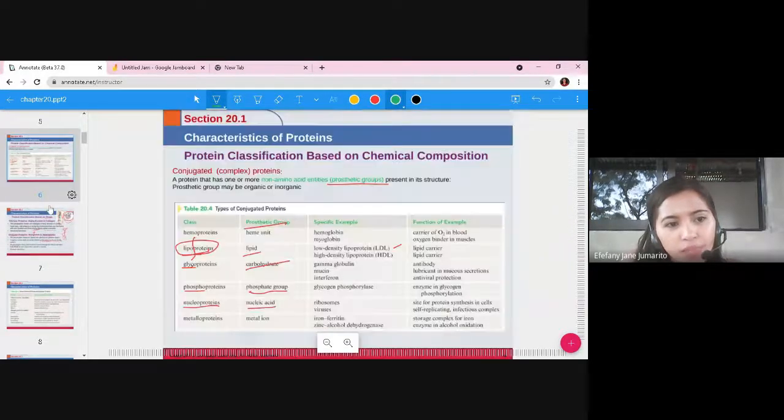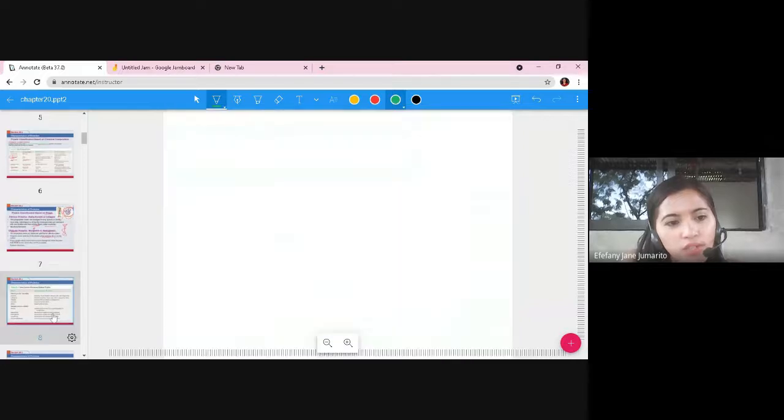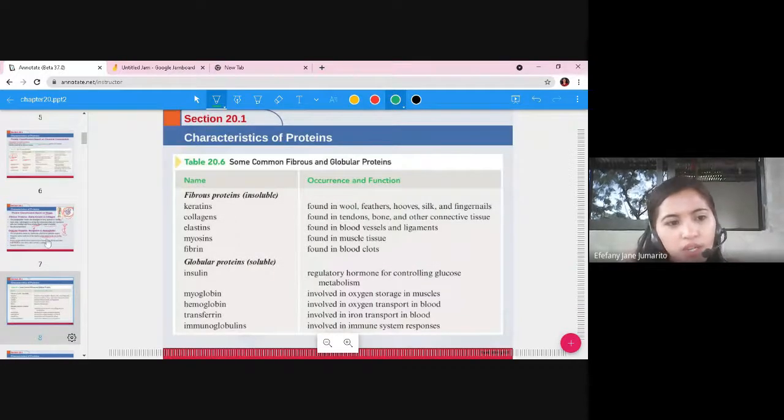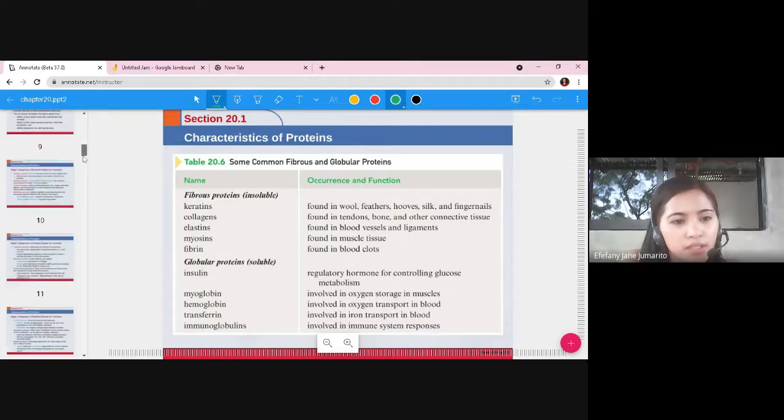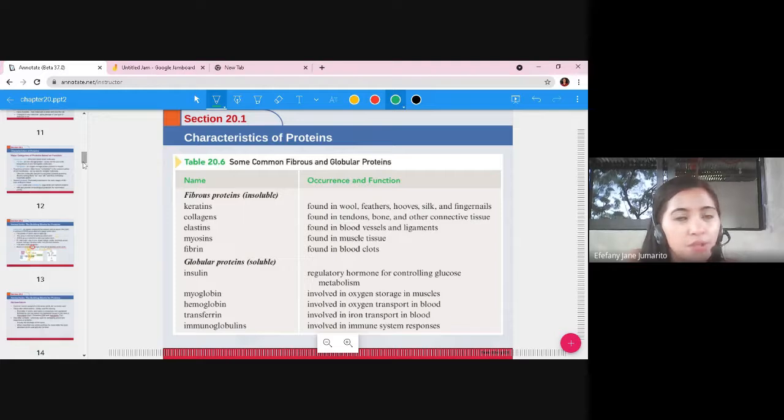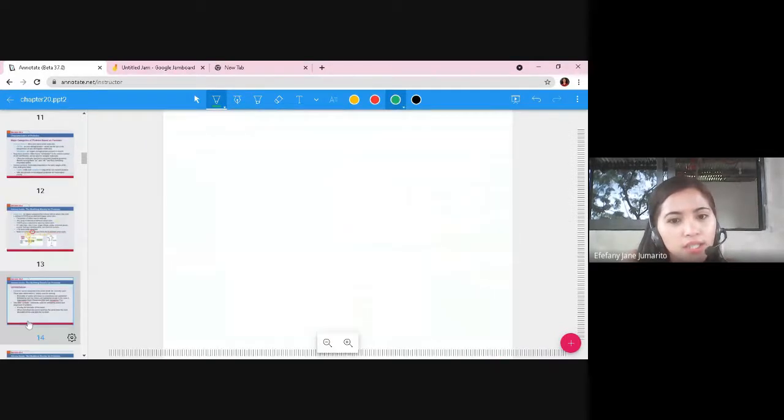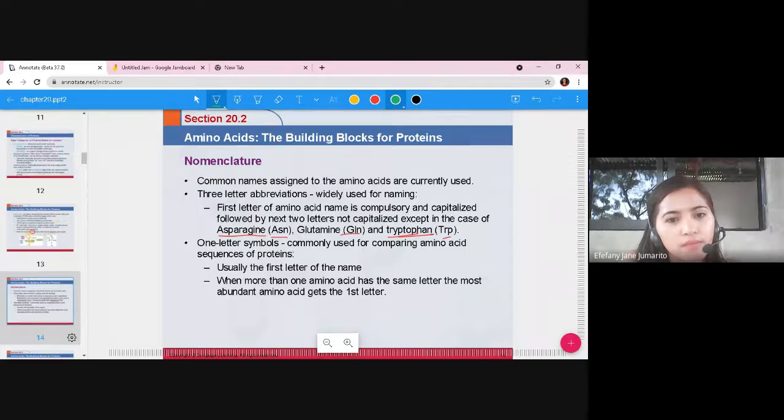So for the lipids exam, just take note of the structures. The good fats, then the bad fats, the structure of sphingolipids, the cerebrosides, gangliosides. Then also the solubility and the melting point.